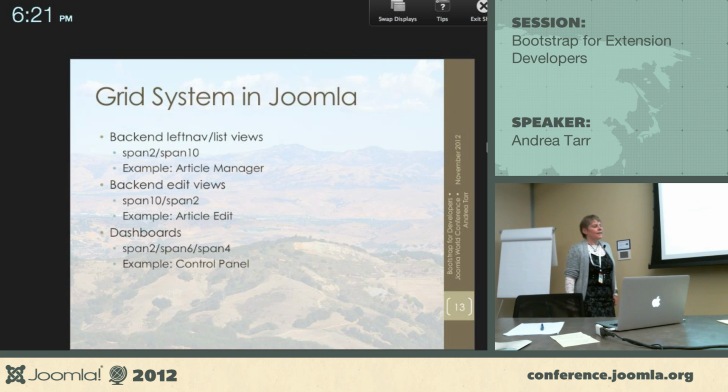Okay. So now taking this and bringing it into what we're doing in Joomla as examples, when you look at the back end of it, the most common thing, one thing people are very familiar with is the article manager.